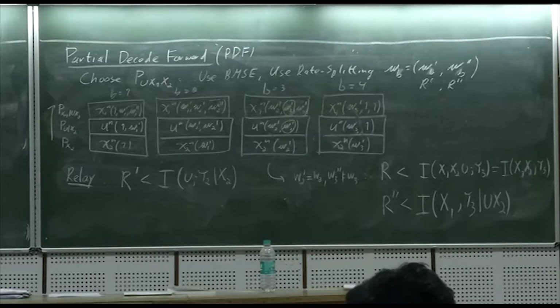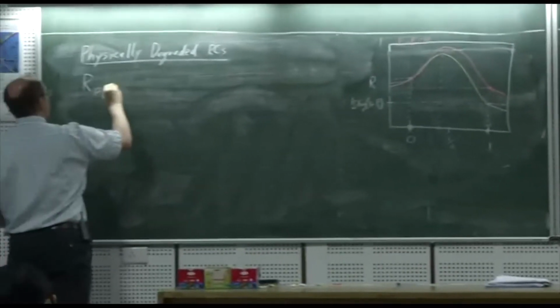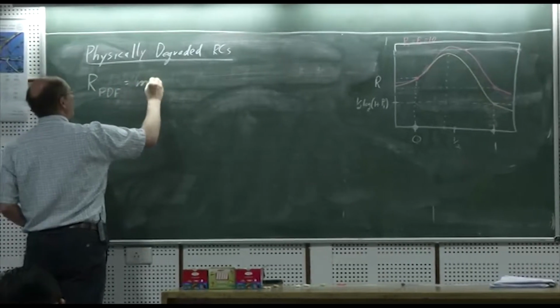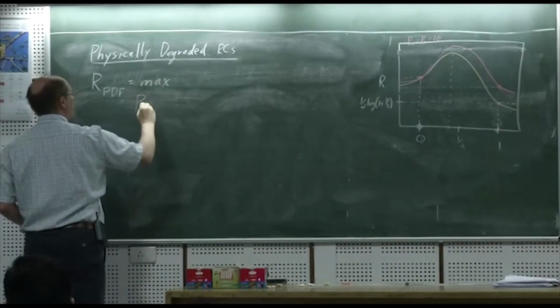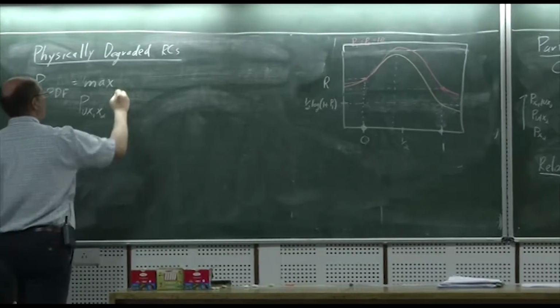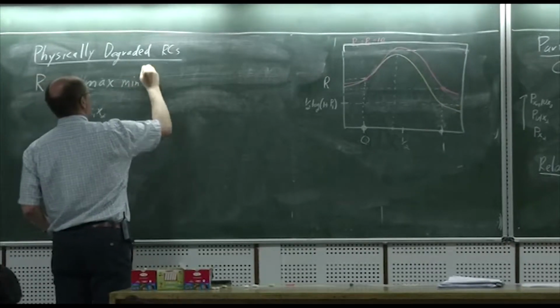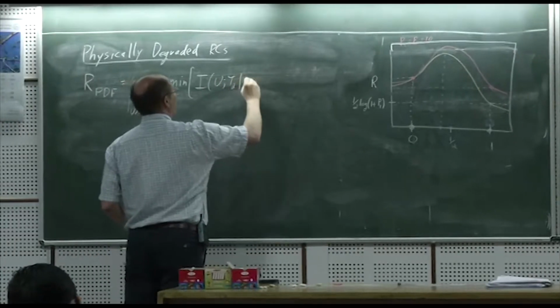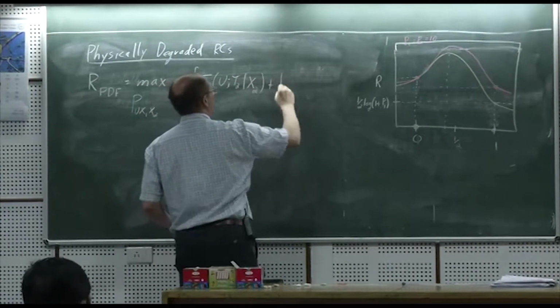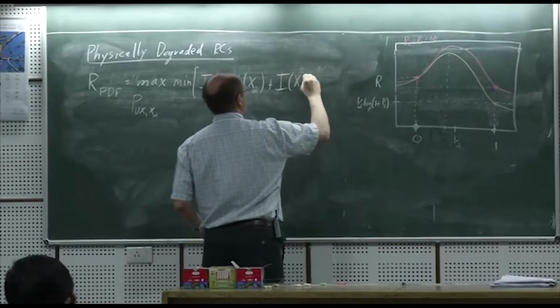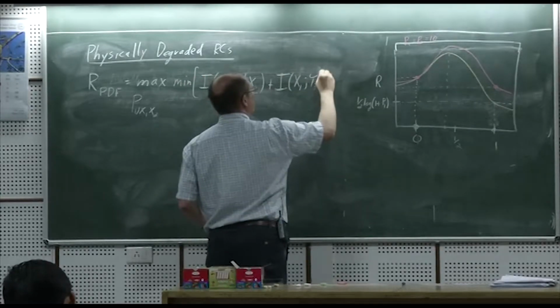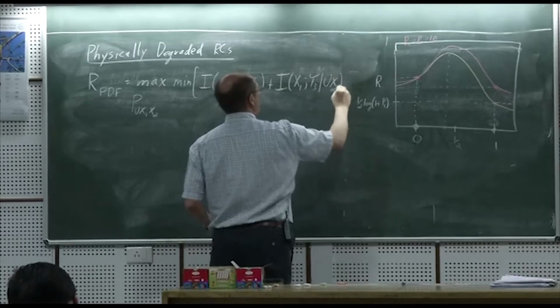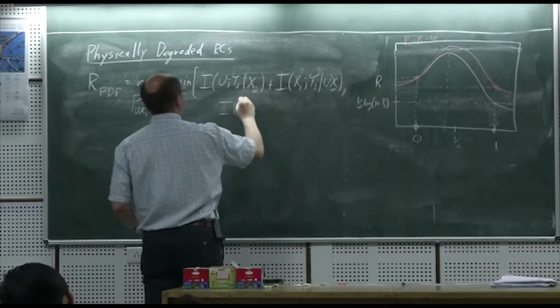So R_PDF is going to be equal to the max over all u, x1, x2 of the min of two rates: I of u y2 given x2 plus I of x1, that's the direct transmission, y3 given u x2, and I of x1, x2, y3.